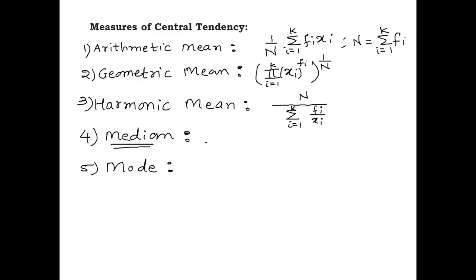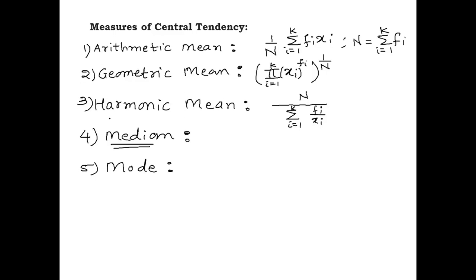Then median is a positional average, and the formula depends on which type of data we have. If we have raw data, then we have to sort it first. If the number of observations is odd, then take the middlemost. Suppose there are 5 observations, the third will be the median. If there are 10 observations, then we have to take the middlemost 2, the fifth and sixth, and take their arithmetic mean.